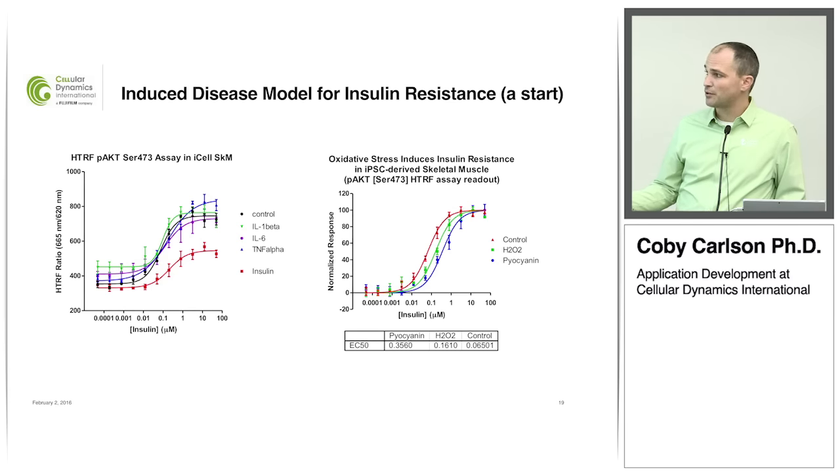This also is another reagent that generates reactive oxygen species. Those two things caused a right shift of the cells in their response to insulin. So if you are becoming more insensitive or resistant, you would expect that it would take more concentration of insulin to give you the same response, and that's what is being shown here. So anyway, like I said, this is kind of the beginning of this stuff.